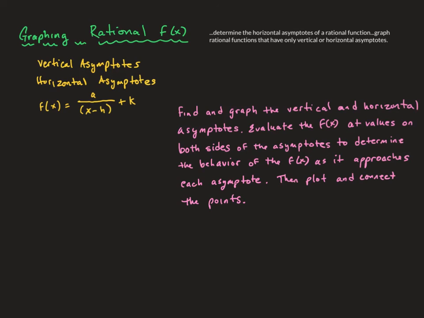So we want to find and graph the vertical and horizontal asymptotes. We want to evaluate the functions at values on both sides of the asymptotes to determine the behavior of that function as it approaches each of those asymptotes, and then plot and connect those points. So again, not too difficult when it comes to plotting points. Just plug some points in and graph them, and that will drive your asymptotes also.